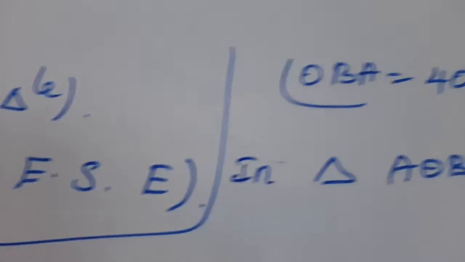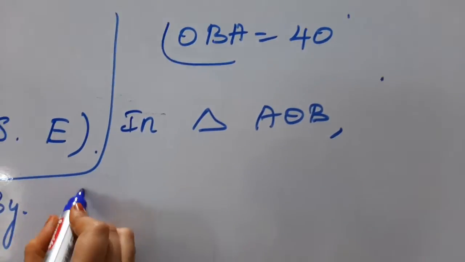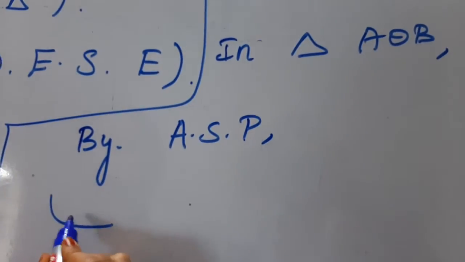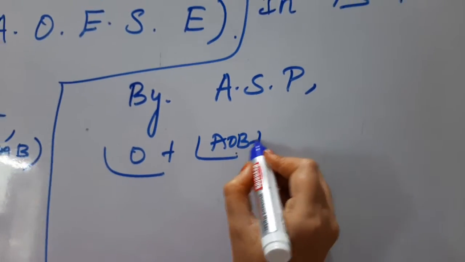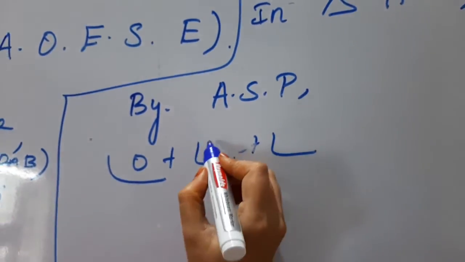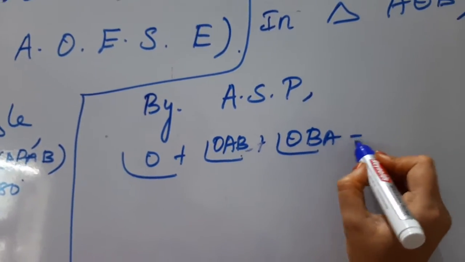So what are we going to do in triangle AOB? By angle sum property, angle AOB plus angle OAB plus angle OBA is equal to 180.